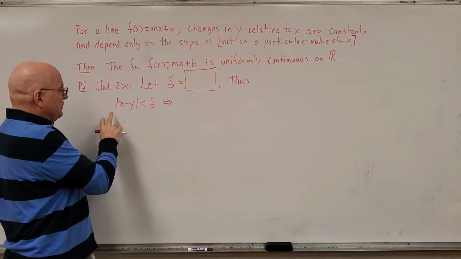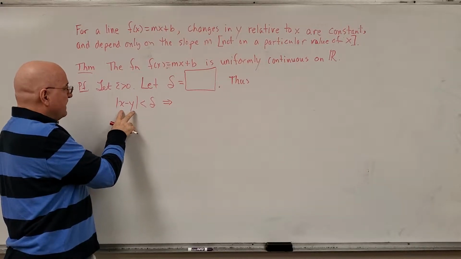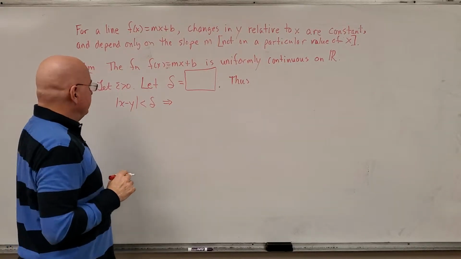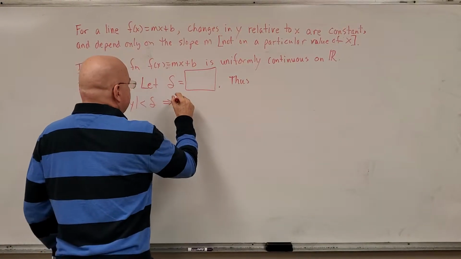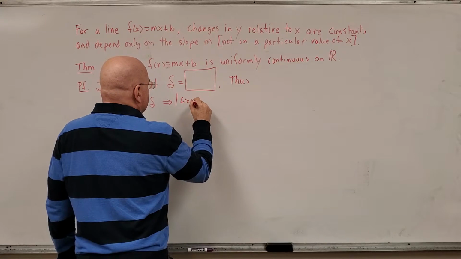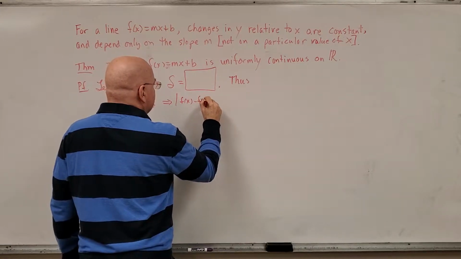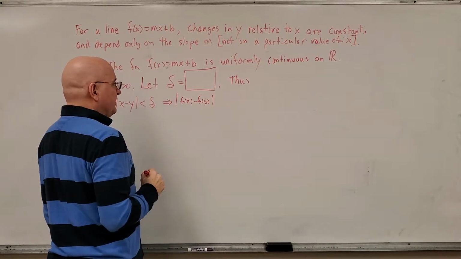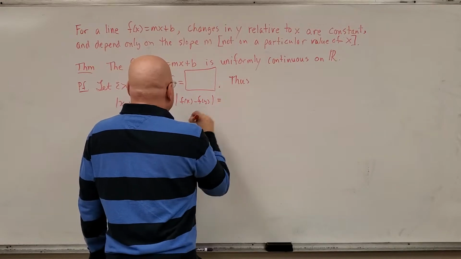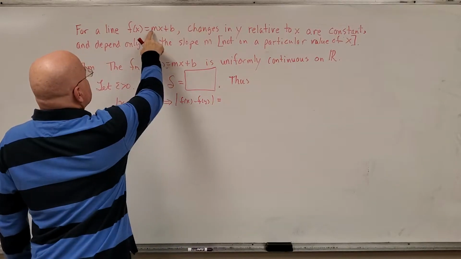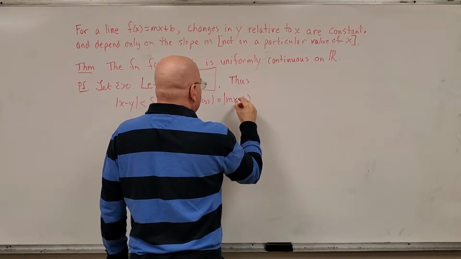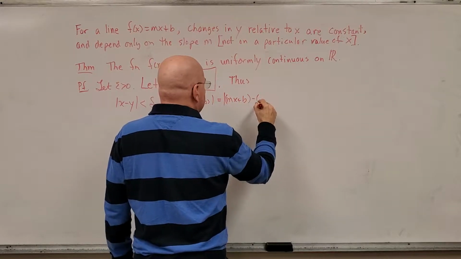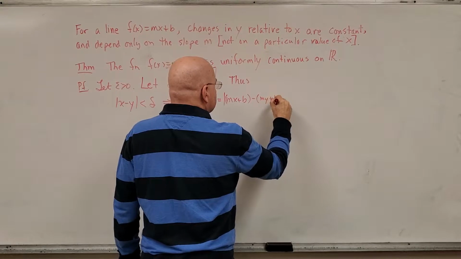So for any two real numbers, x and y, if they're closer together than delta, then, let's figure out what f of x minus f of y is. As soon as we can prove that that's less than epsilon, we're done. Well, that's going to be equal to, what's f of x? mx plus b, minus my plus b.